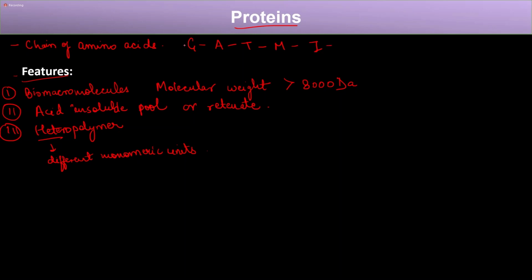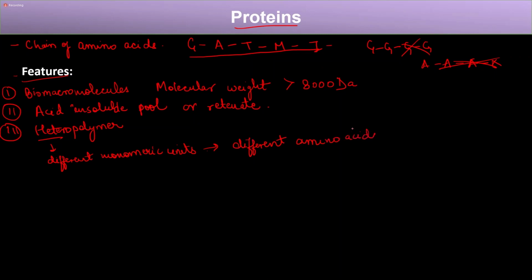So this chain looks something like this. It will never look like GGG, a chain of glycine only, or a chain of alanine only. So it will always be a heteropolymer because it contains different monomeric units. And by monomeric unit, I mean different amino acids, because the monomer of protein is amino acid, right? So it has different monomeric units and hence it is a heteropolymer.